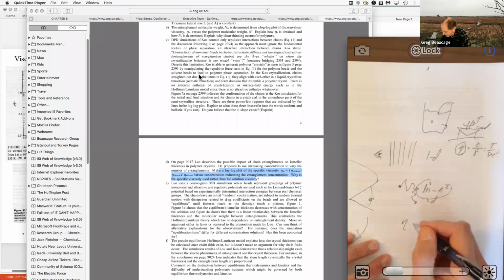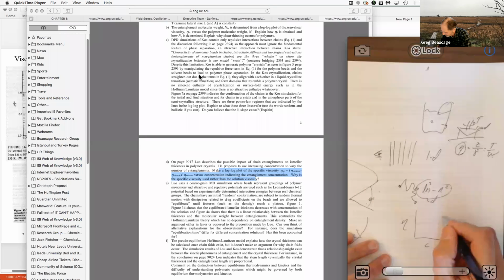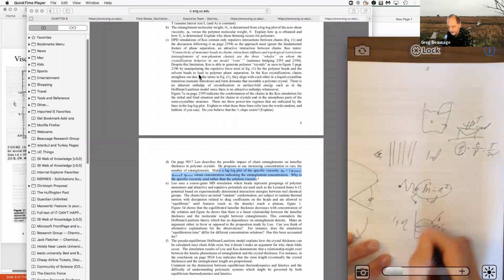Anyway, if you plot the viscosity versus concentration for a polymer solution, usually everything's in a log scale. This has a power law of about 3, and then it's going to go over to the solvent viscosity. So you can't resolve anything at small concentrations because the solvent viscosity is much larger than the addition due to the polymer.